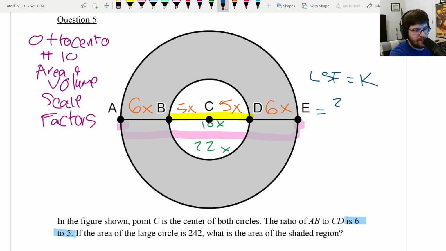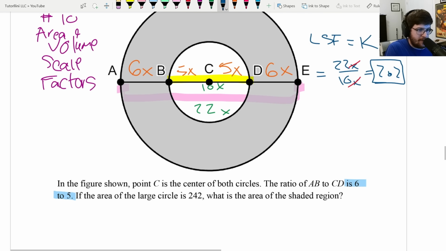So I'm going to do 22x over 10x. The x's cancel. 22 over 10 is 2.2. It comes out terminating, so I'll use the decimal. If it were a messy decimal, I would use the fraction. So we just figured out something really important. Capital K, the linear scale factor, is 2.2.